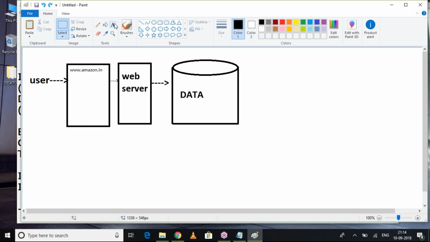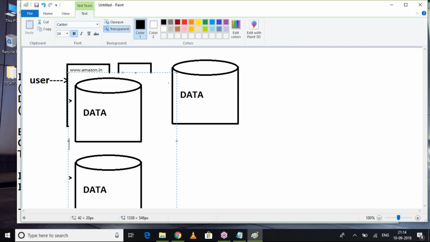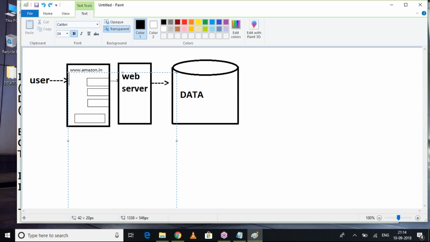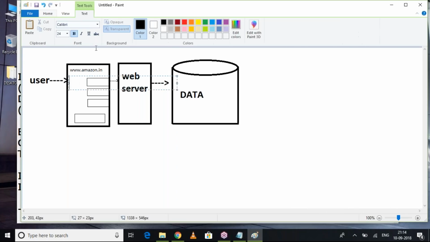Suppose I want to register with Amazon. How to register? I should enter a username, a mobile number, and also a mail ID, and finally I have to hit the register button. Let us see. First, it is asking for username and password. Let me type something here.